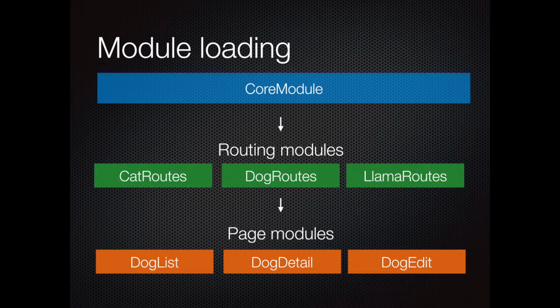So this is kind of what our application looks like in Angular 2 right now. We have the core module that downloads along with the main page. And then from there, we download different routing modules depending on which top level section you are in. So if you're at the compute section, you would get the compute routing. And from there, we have one lazy loaded module per page. Part of the reason is that some of these pages have heavyweight components, and even if the pages are related to each other, they may have really different dependencies.